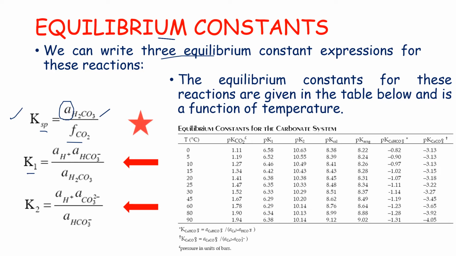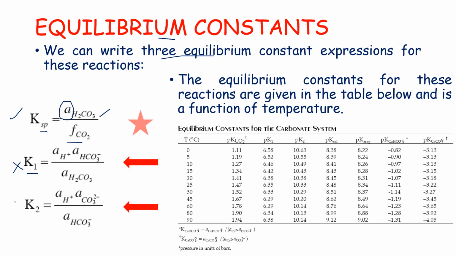Also, the first equilibrium constant K1 is written as activity of hydrogen plus into activity of HCO3 minus, divided by activity of H2CO3. This comes from the first equation, or in the previous slide it was equation number 2.